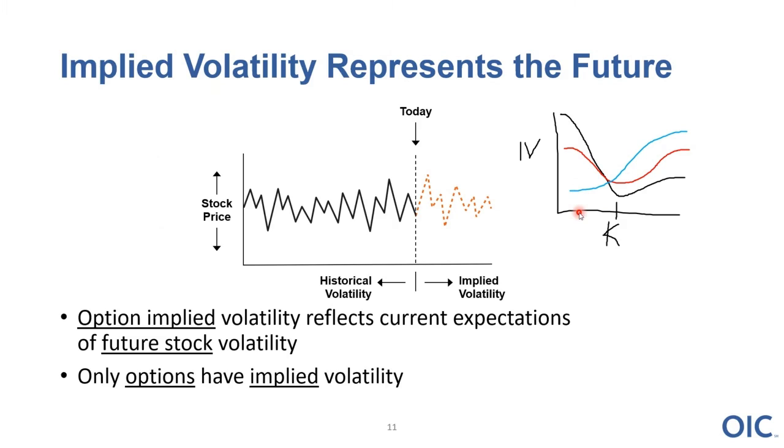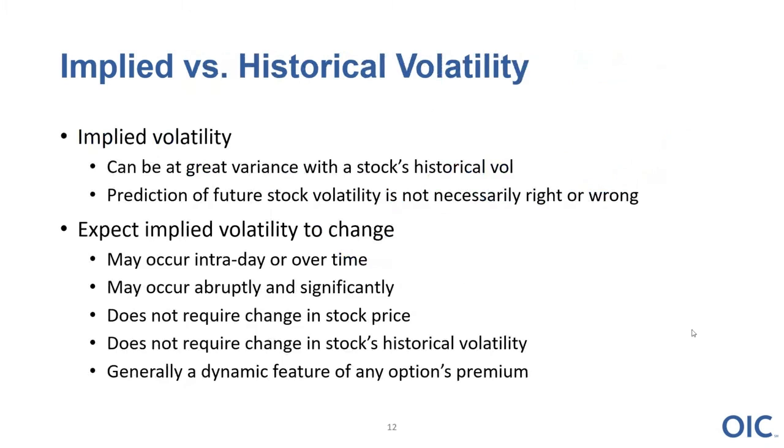There's not as much demand to buy puts, driving prices lower. So you really can't think of implied volatility as anything but synonymous with supply and demand, those dynamic forces that are always changing prices. Implied volatility, of course, can be at great variance with what the stock has done. We've outlined that for a variety of reasons. The past levels of stock price movements may not be a good representation of what we expect to see moving forward.